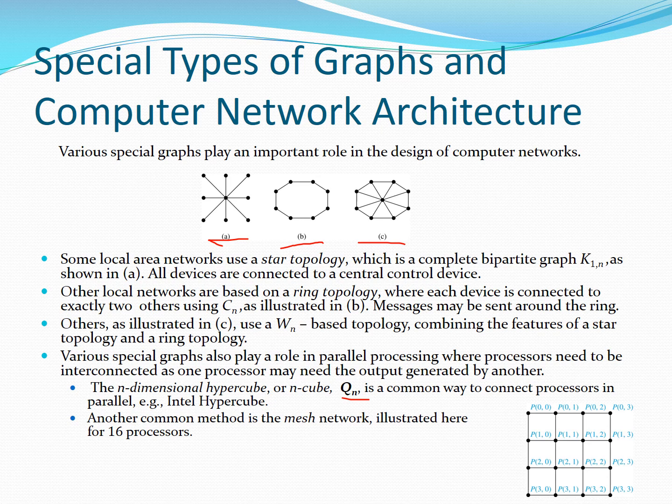Another common topology is called a mesh network, which is used in, let's say, sensor networks, where you have a single node or vertex that is connected to a fixed number of other nodes, which makes it look like a mesh, as shown in the figure right here. So this is a mesh network with 16 processors.